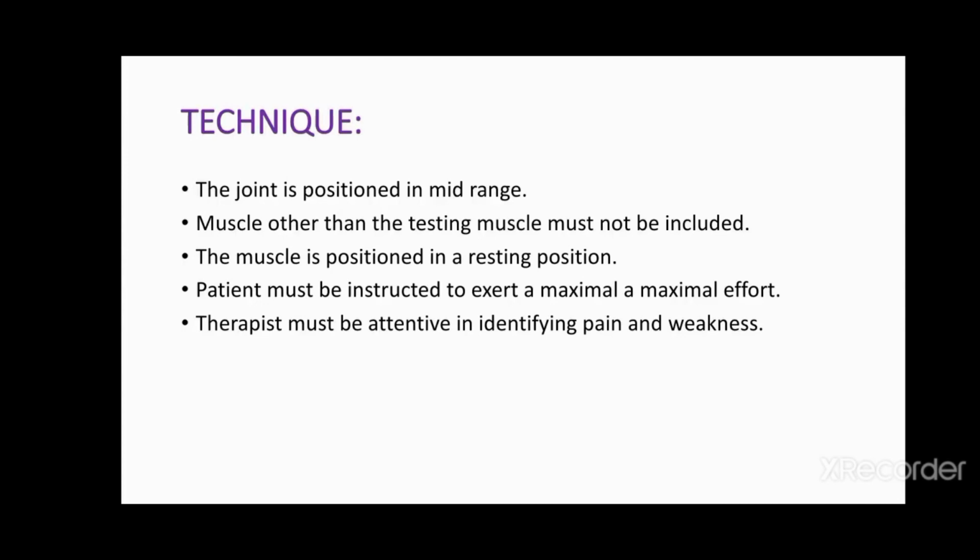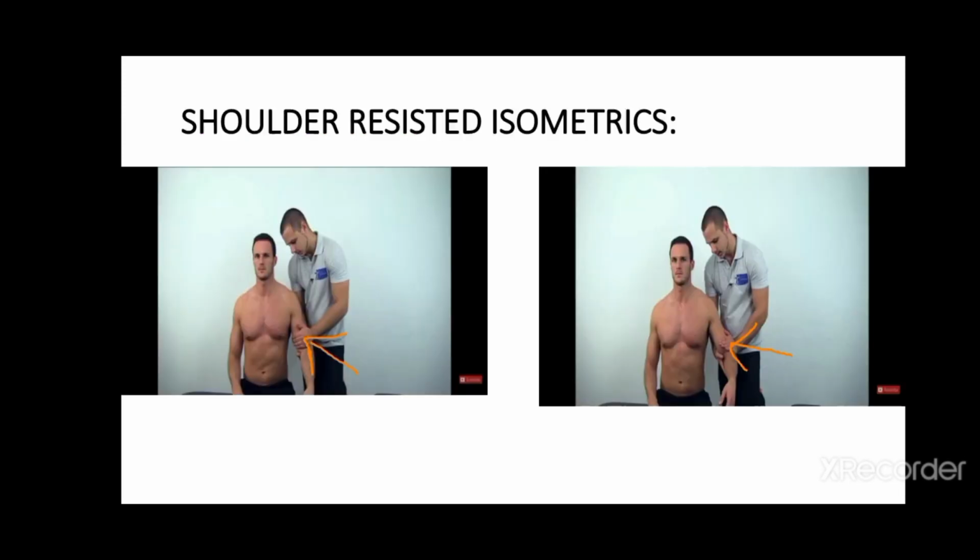The therapist should be attentive to identify pain and weakness in the muscle. The whole time of the resistance is at least 5 seconds, in which you will resist the movement of the patient, and the patient will exert his maximum effort to resist your force. Okay, let me give you an example of shoulder resisted isometrics. Resisted isometric muscle testing is very easy to perform.